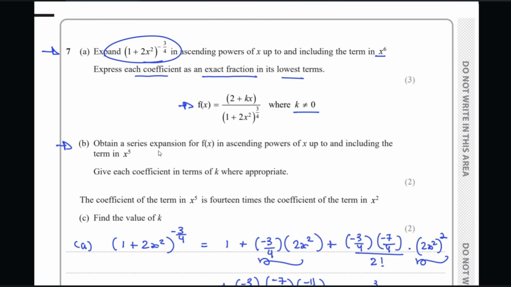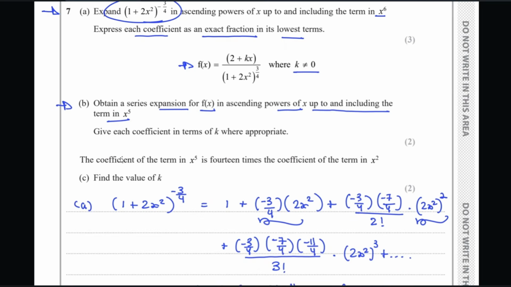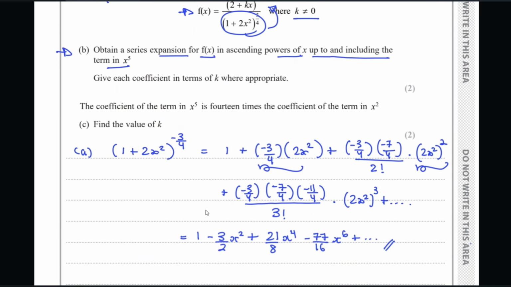Question B says, obtain a series expansion for f of x, the entire function, in ascending powers of x up to and including the term in x to the power 5. We need to move this denominator to the top so that it looks like what we expanded in A, and we could multiply 2 plus kx with the expansion terms up until the point we get x to the power 5.